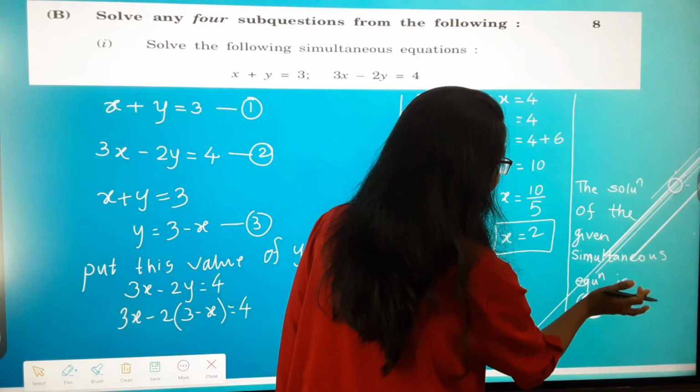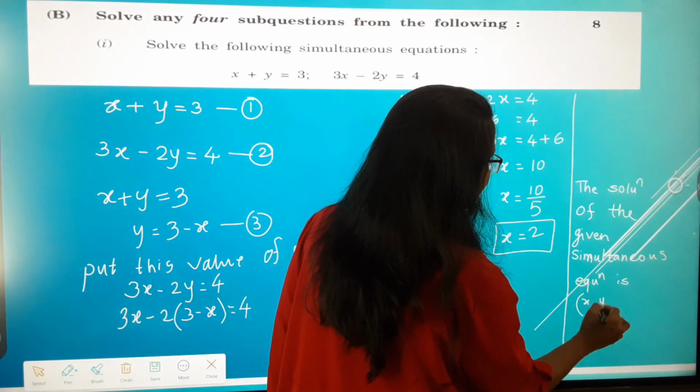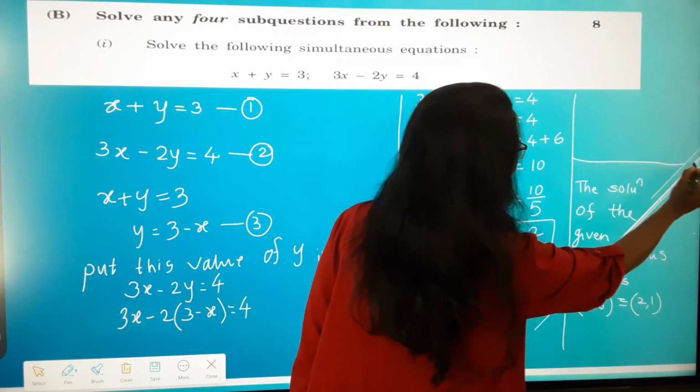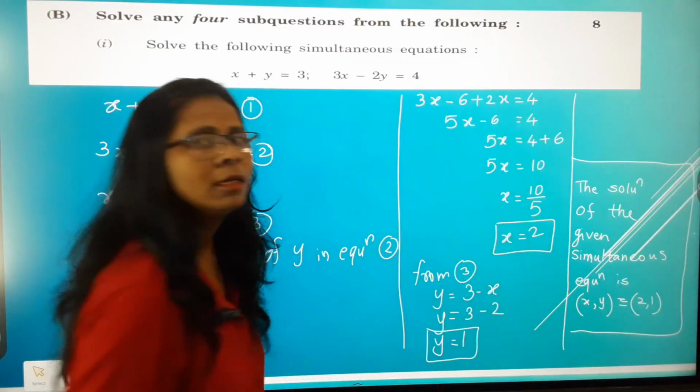Here we can also write (x, y) is equal to (2, 1). So this is our final answer.